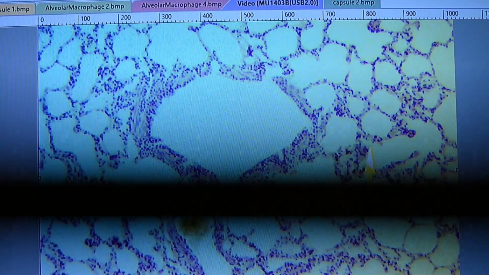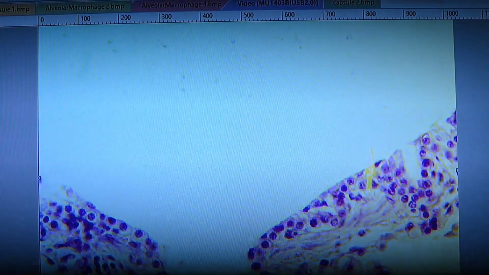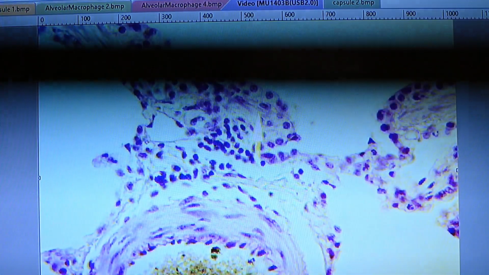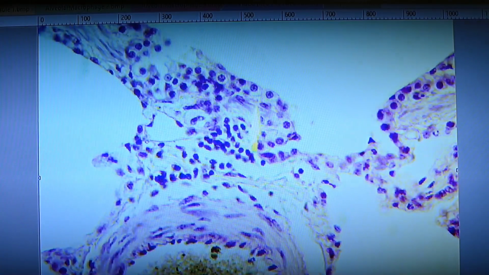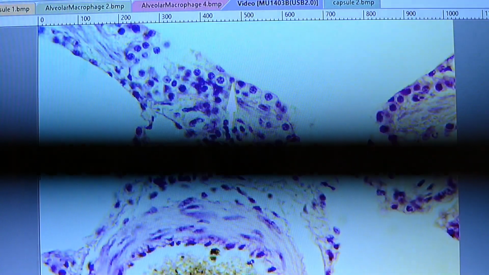So we're going to magnify that a little bit more. And again, most of our epithelial cells are fairly flat, not domed across the top.